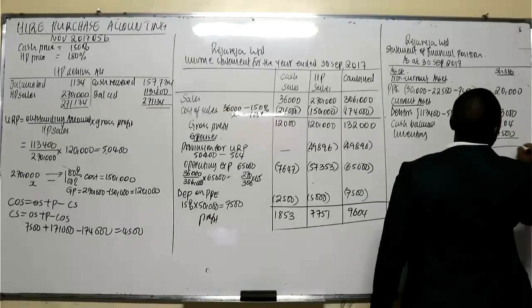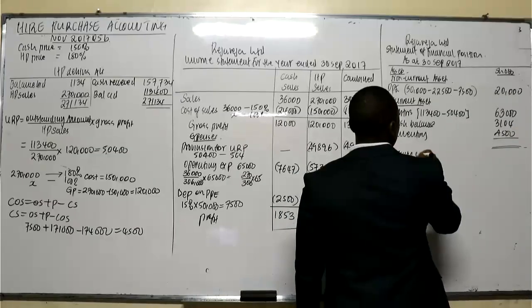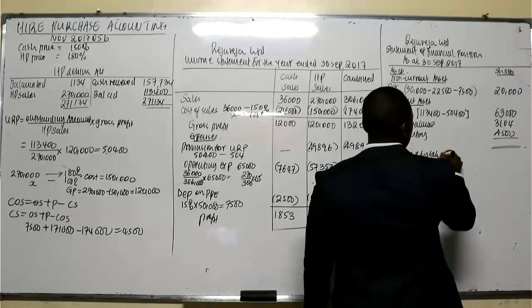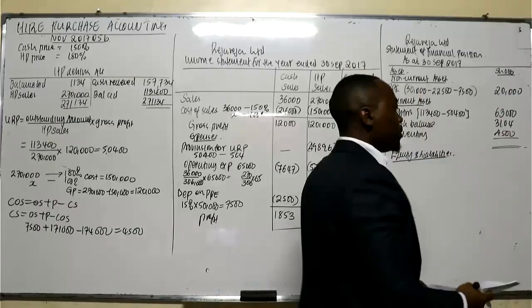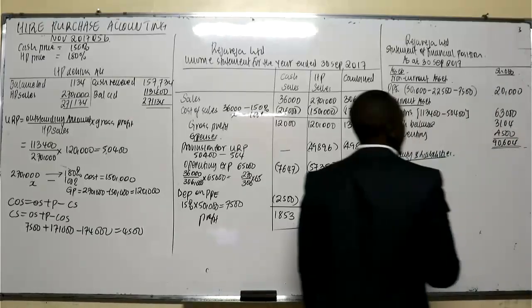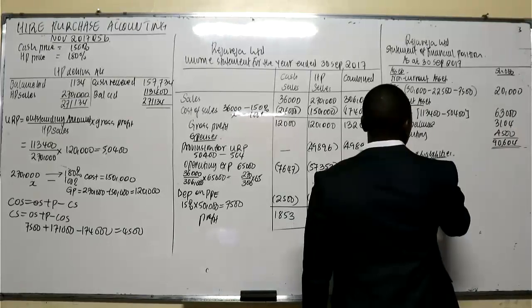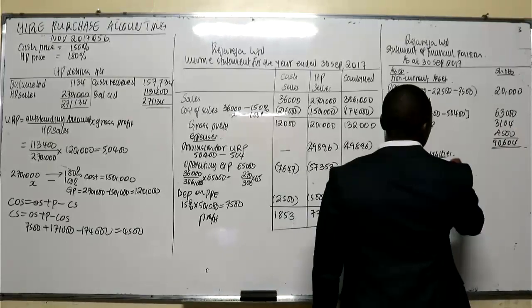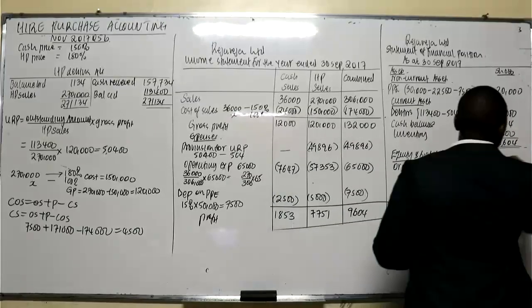Give me the total. $96 of good. Equity and liabilities, we have ordinary share capital. The ordinary share capital, the amount of 7,500.